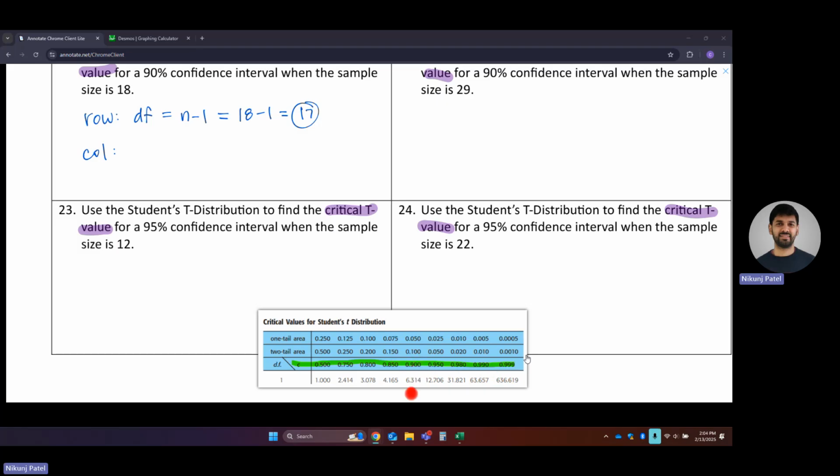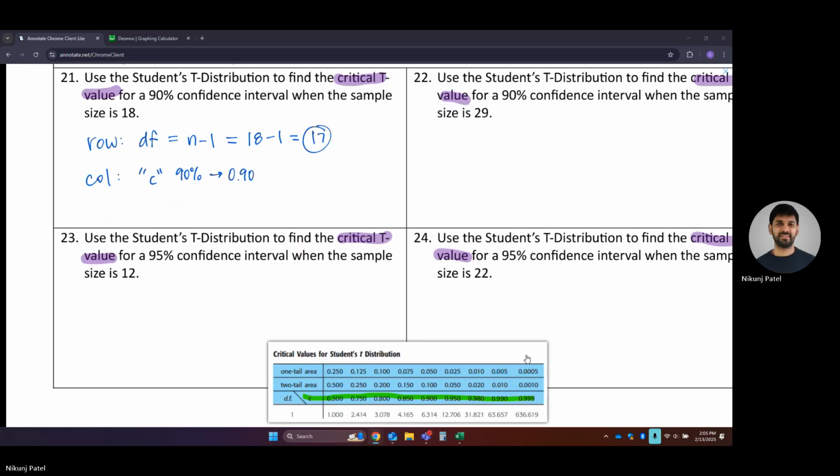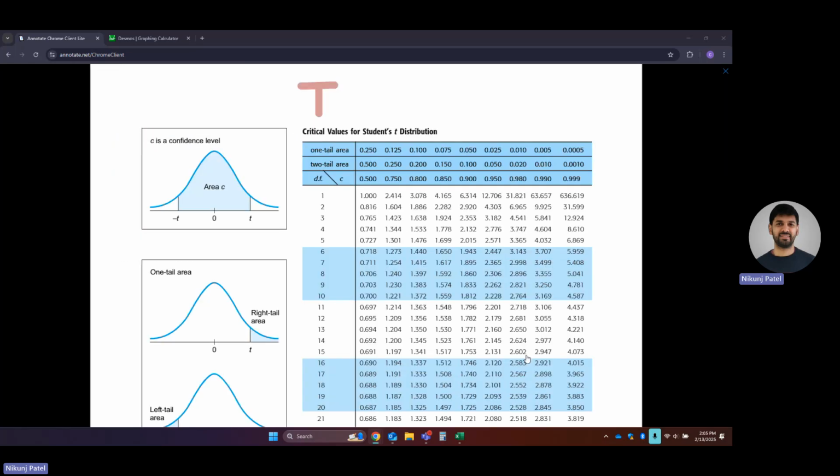That's the column you're going to want to follow down until you get to row 17. So the column here, I'm going to write C. And since this was a 90% confidence interval, that's the same thing as 0.90. And it looks like the formula chart has 3 decimals in it, so I'm going to put a third 0 back there.